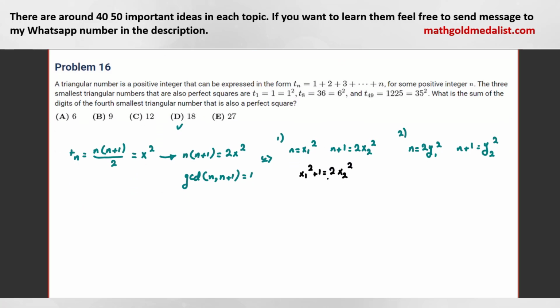Agreed? Because look, n is x1 squared. If you replace here, x1 squared plus 1 is 2x2 squared, right? So let's check. 1 squared plus 1 is 2, right? Here, the problem says, for example, n equals 1 works, but we have t1, t8, t49.